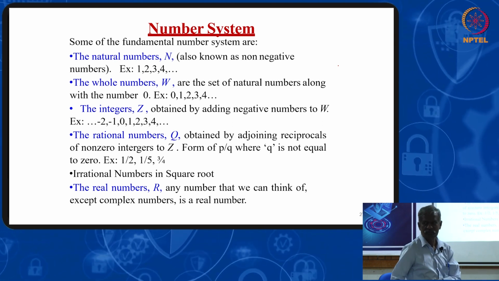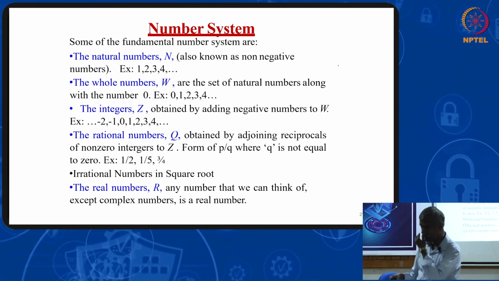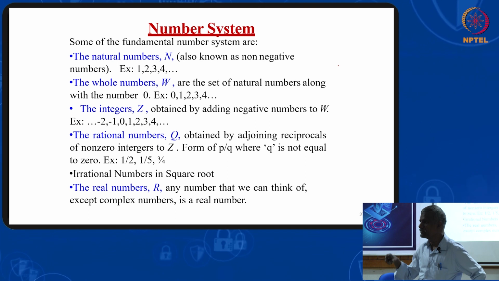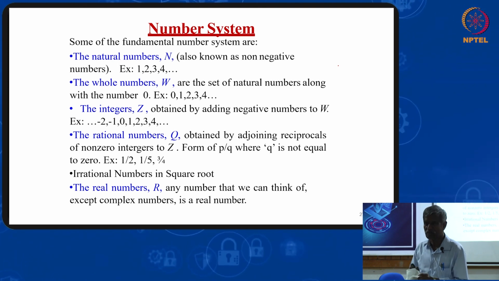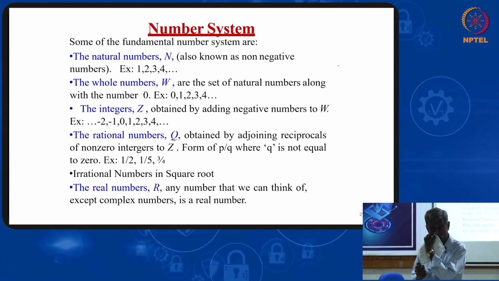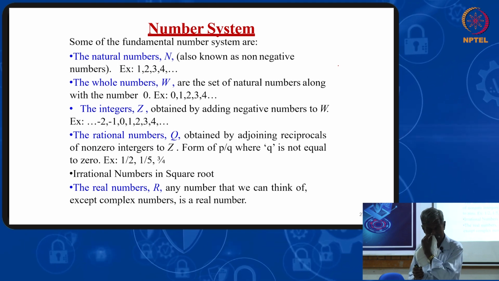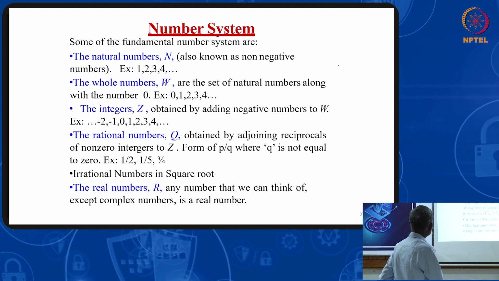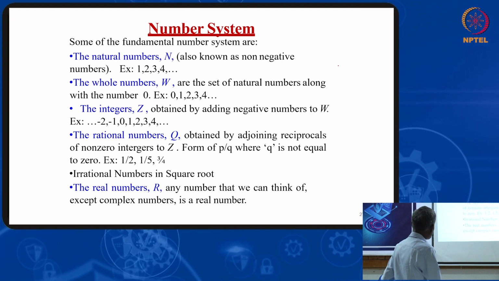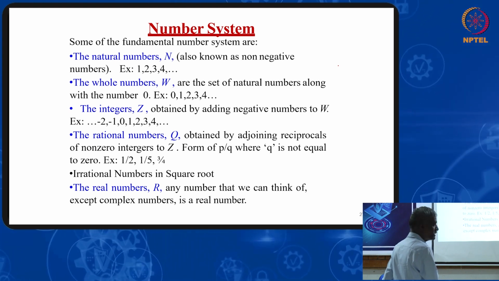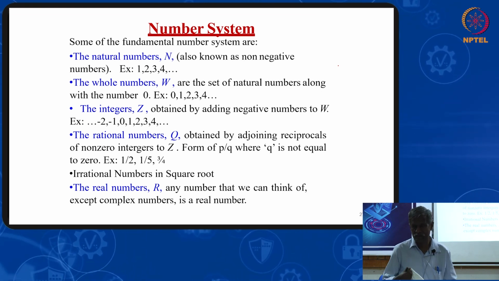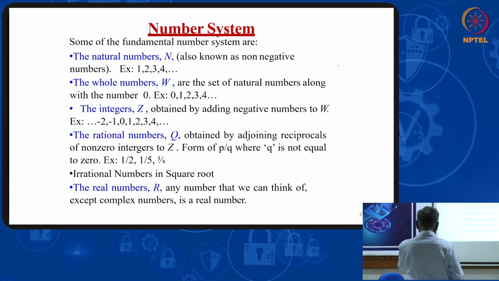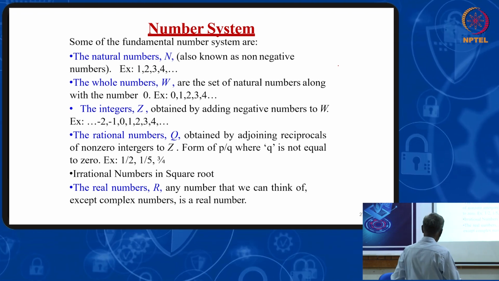Whole number means, in addition to natural numbers, if you include the number 0 also, that is called the set of whole numbers. So whole number starts from 0. Natural number starts from 1. Integer means it includes positive numbers, negative numbers, 0, but without a decimal point or fraction.